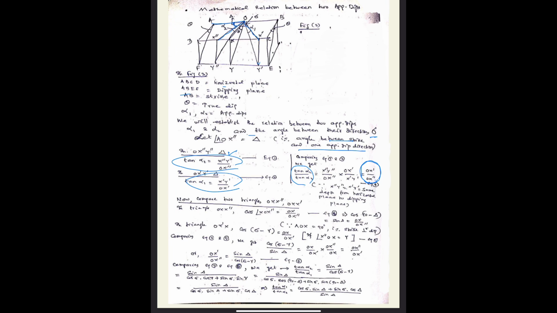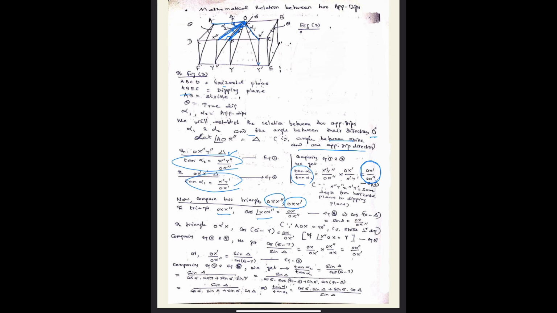So we will consider these two triangles and compare them. In OX X double dash, cos of XOX double dash, because we want to eliminate this one, is this by this, because this is 90 degrees.